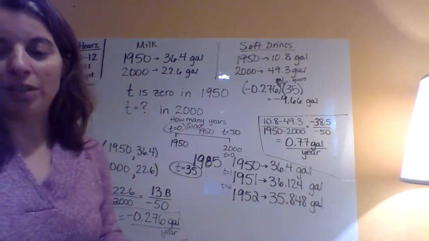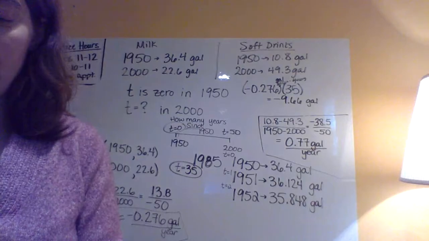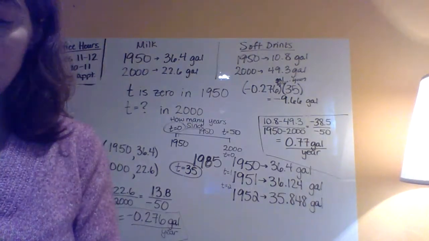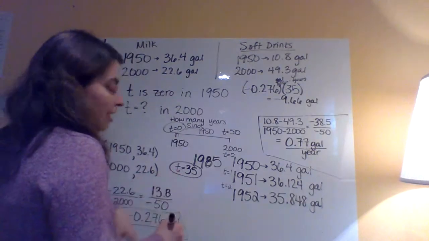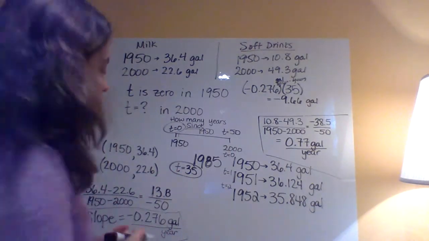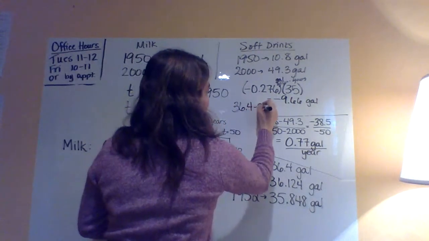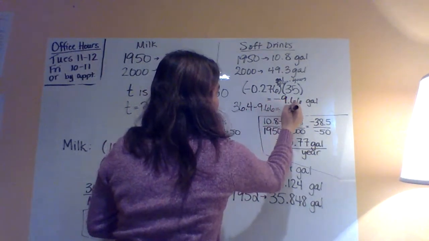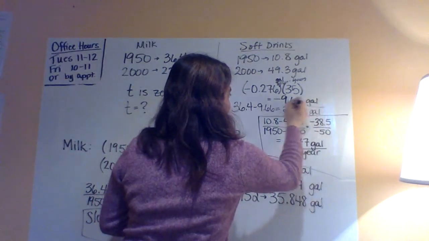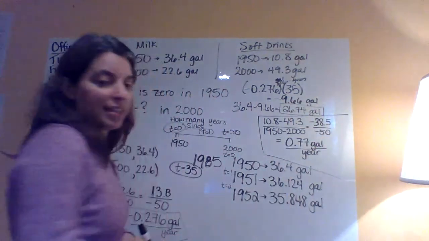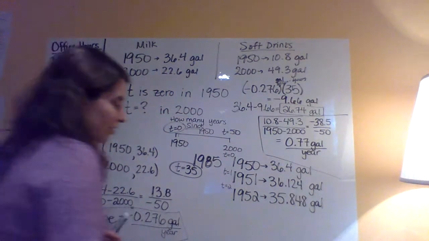Well, we can take 36.4 and subtract the 9.66, and we get that in 1985, so we had 36.4 minus the 9.66, we have 26.74 gallons. That's on average how much people were drinking in 1985, drinking milk.